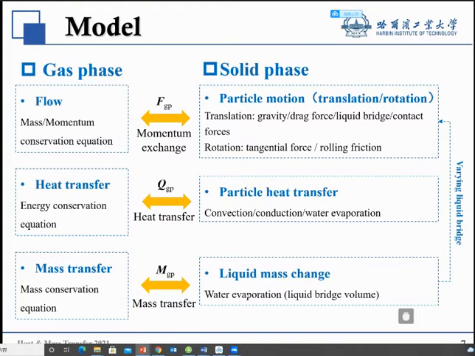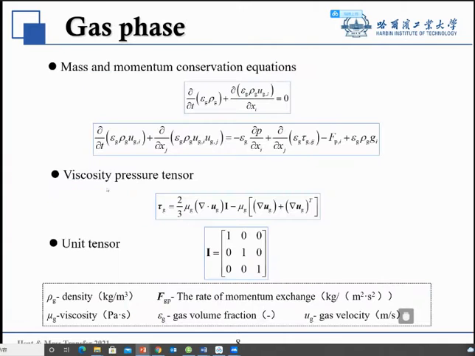And for the mass change, we just consider the water evaporation on the particle surface. And we also consider the liquid bridge volume change. It also will affect the liquid bridge force. So here are the models I applied and the structure of the model we built.